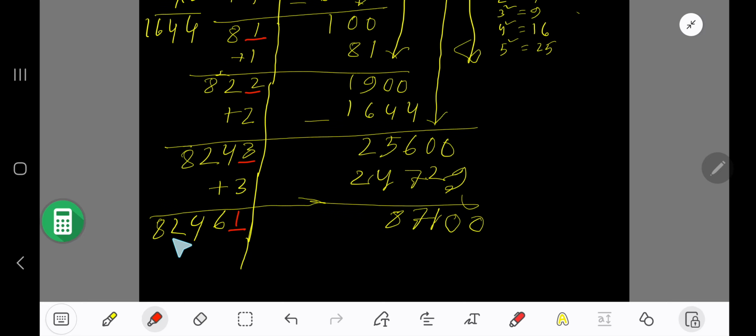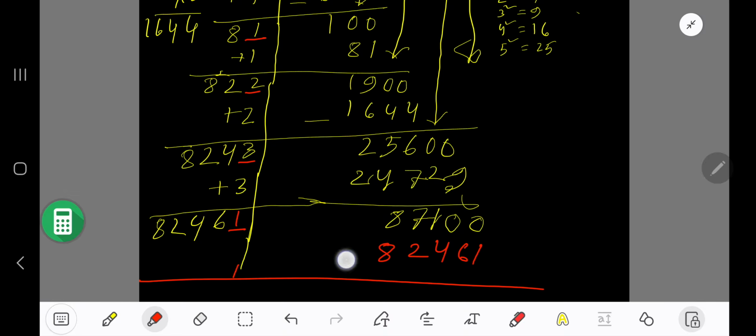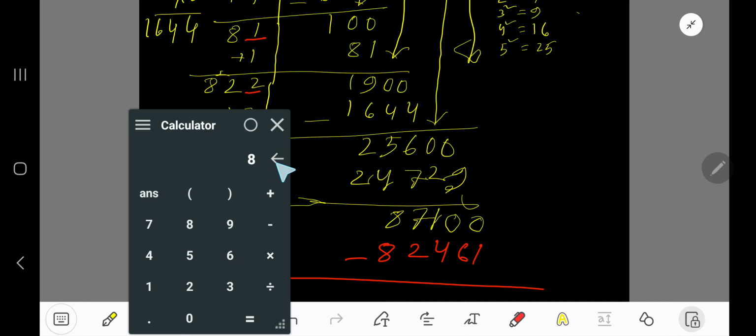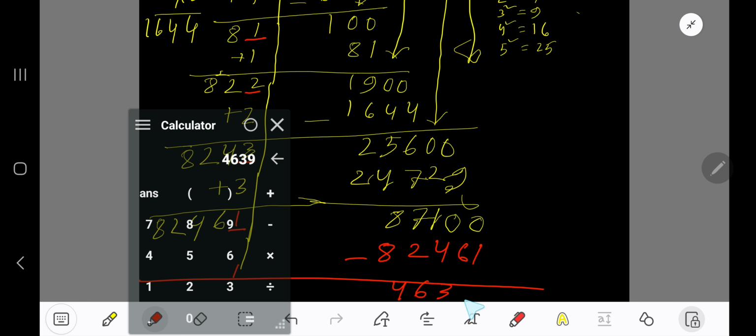So 1 times this will be 82,461. Now subtract. 87,100 minus 82,461 gives us 4639.